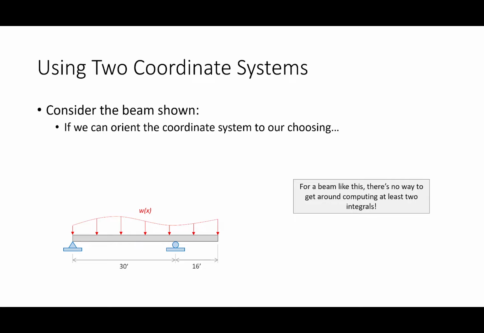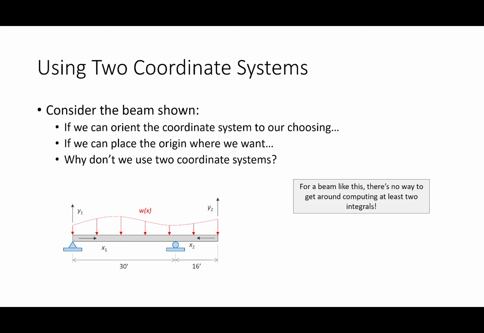Hopefully the past couple of tips have shown you that we can put the coordinate system wherever we want, and we can orient it however we want. Well, if we can do that, why don't we just use two coordinate systems? Why don't we put a single coordinate system this way and a coordinate system this way? So we'll actually have two coordinate systems.